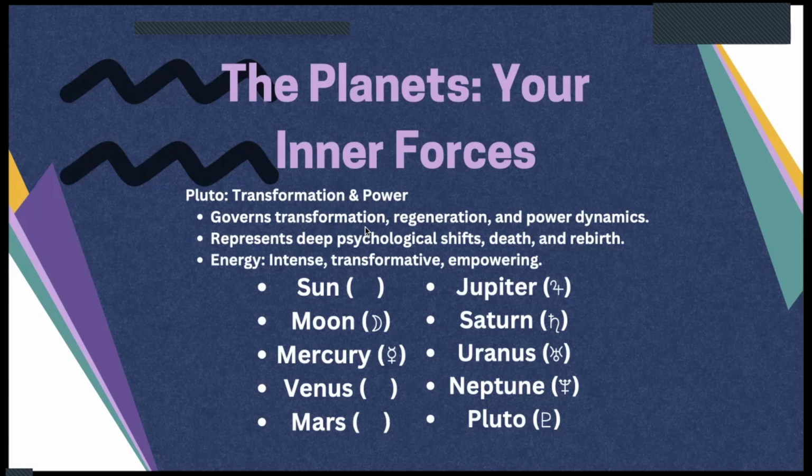Pluto, just know that Pluto takes a long time. It's known as a generational planet because it takes generations to make a full shift, to take over all 12 signs, to visit all 12 houses. Okay.